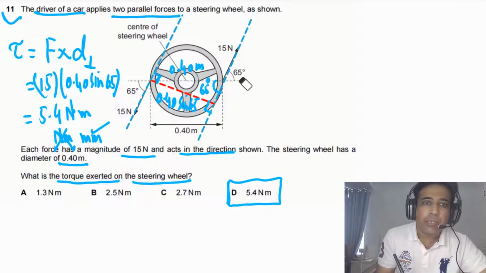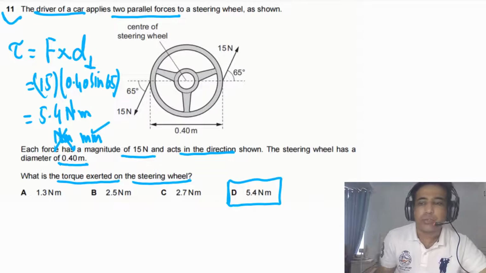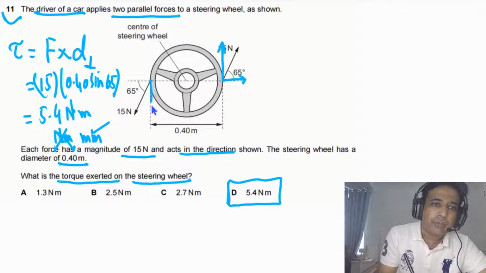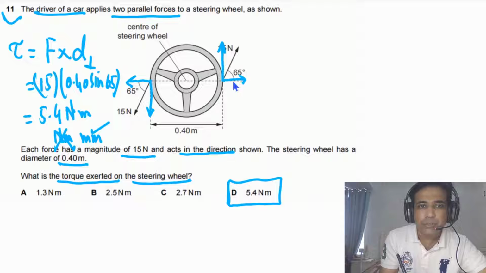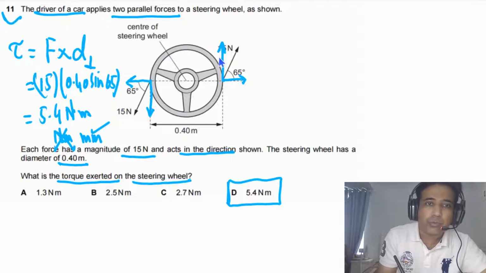The other way you can also use is to resolve these forces into components. We can resolve this force into two components: a vertical component and a horizontal component. Due to the horizontal component, there will be no rotation, so the rotation will be only due to the vertical components.